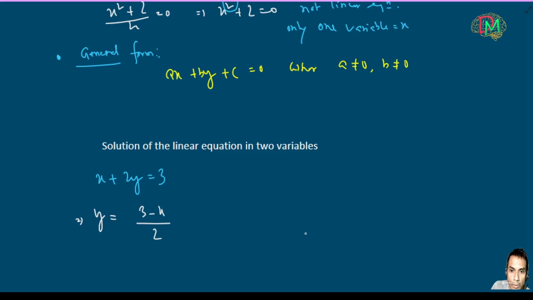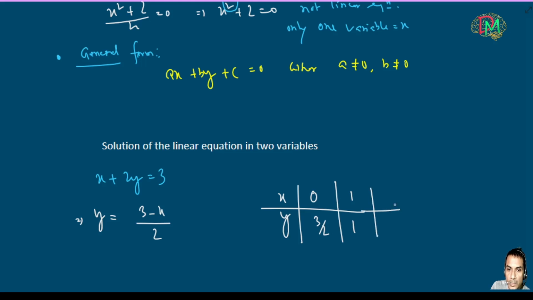Now if we take x is equal to 0, then y will be 3 by 2. If we take x is equal to 1, then y will be 1. If we take x is equal to 2, y will be 1 by 2.